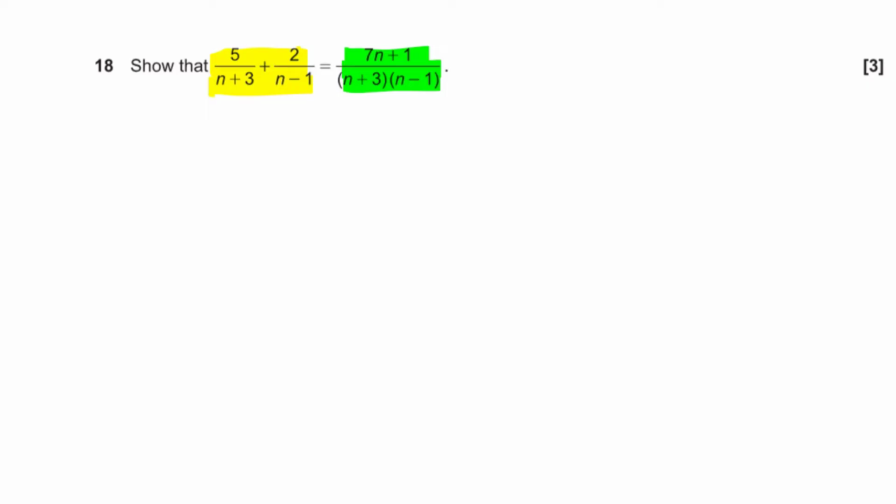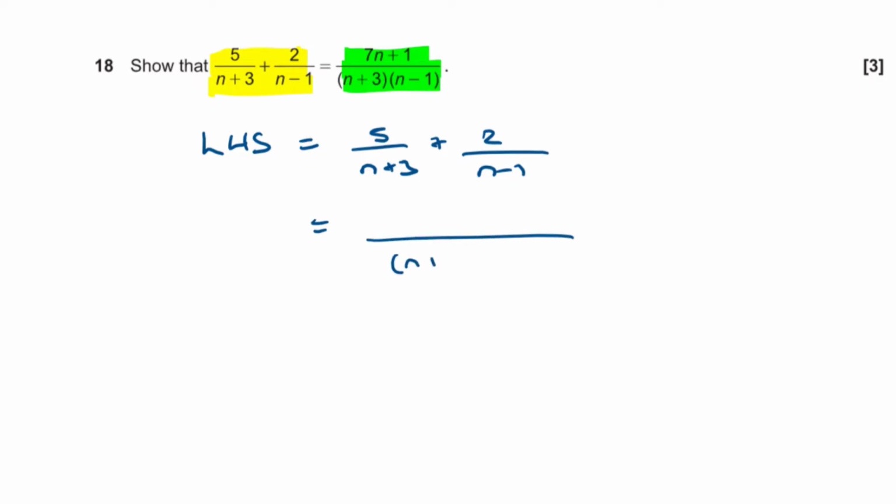Okay, so we're going to start with the left hand side. So the left hand side of this equation is equal to 5 over n plus 3 plus 2 over n minus 1. Now, when we're adding fractions together, we need to find a common denominator. So we're going to get that by multiplying these two things together, aren't we?